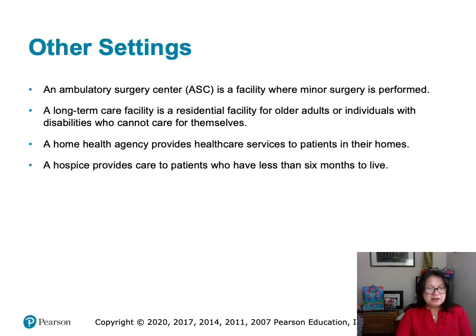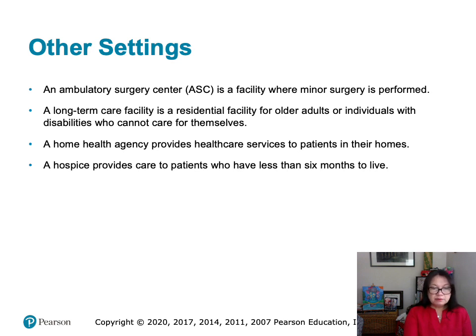Other types of healthcare settings include ambulatory surgery centers, long-term care facilities, home health agencies, and hospices. An ambulatory surgery center is a facility where minor surgery is performed and the patient does not stay overnight. A long-term care facility, previously known as a nursing home, is primarily a residential facility for older adults or individuals with disabilities who are unable to care for themselves.